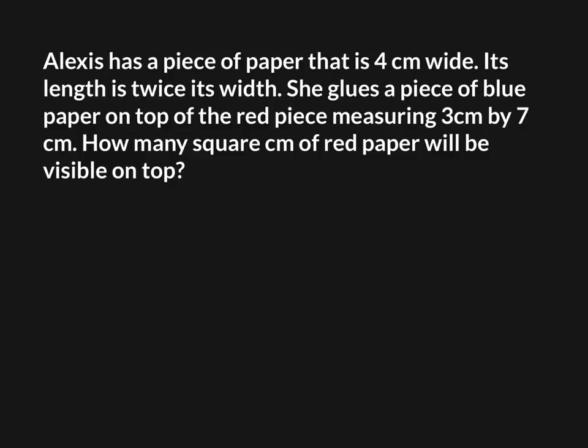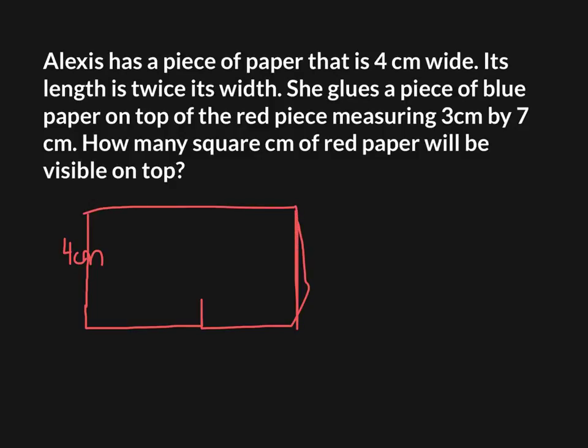So to figure out this portion of the red paper that is left visible, I'm going to take 32, subtract 21, and I am left with 11 square centimeters of red paper that is still visible. We can even double check that on this picture by counting them up. I've got 1, 2, 3, 4, 5, 6, 7, 8, 9, 10, 11 squares of red paper still visible.